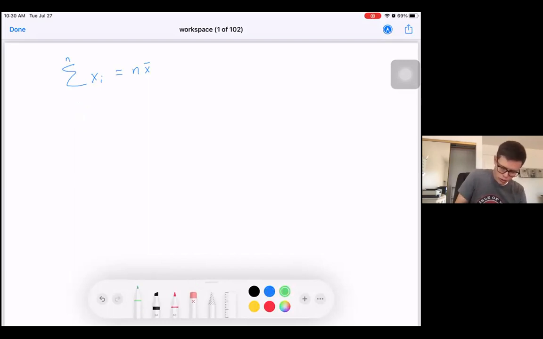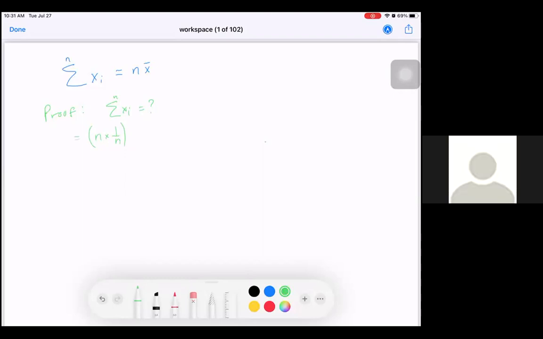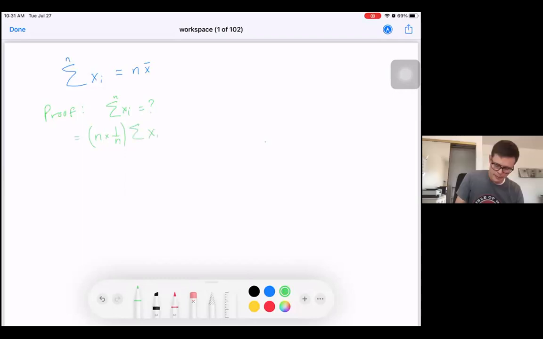So here's the proof. We start with the sum of xi. What we can do is multiply this by 1. Remember, multiplying anything by 1 preserves it. So we're going to say n times 1 over n, because notice that this is just 1, times xi.